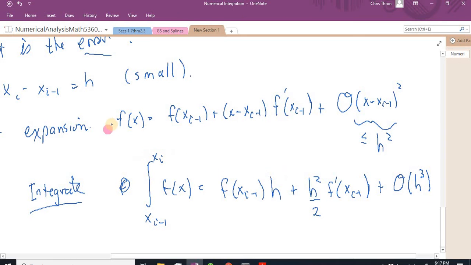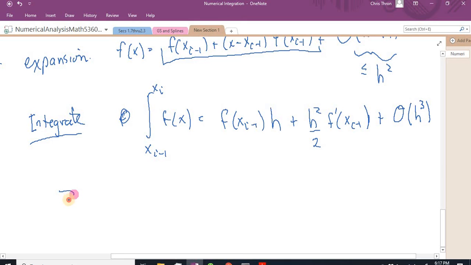So what this is telling me is that if I use a linear approximation to my function, and I integrate that linear approximation, my error has order h cubed. Okay?